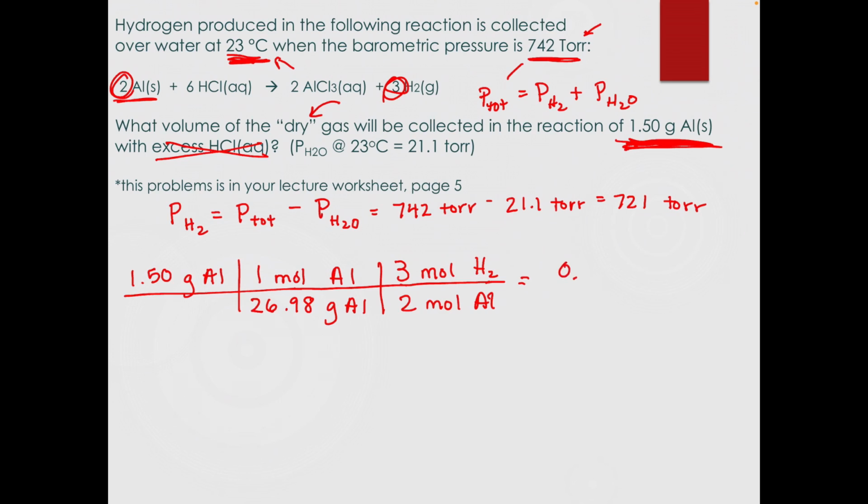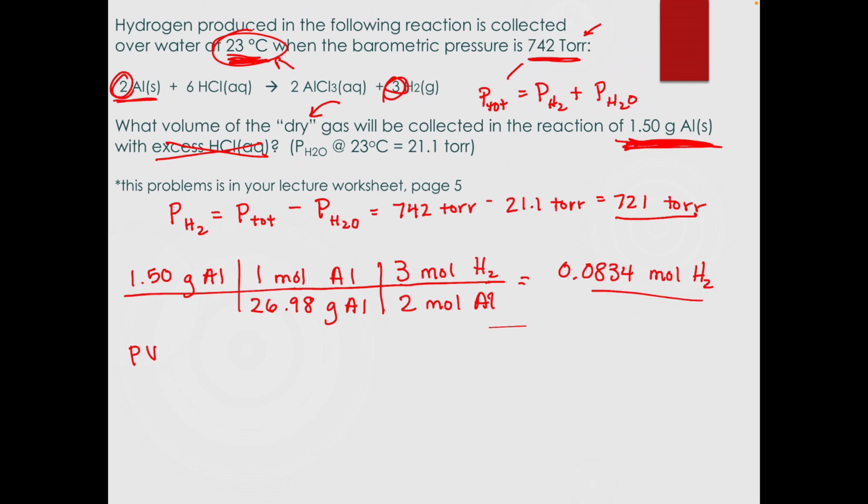So we can go ahead and calculate that out: 0.0834 moles of hydrogen should be produced during this reaction. So now we have our pressure of hydrogen, our moles of hydrogen, and our temperature. So we can use the ideal gas law to figure out the volume of hydrogen.